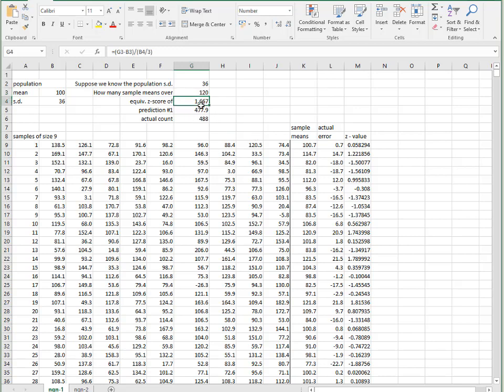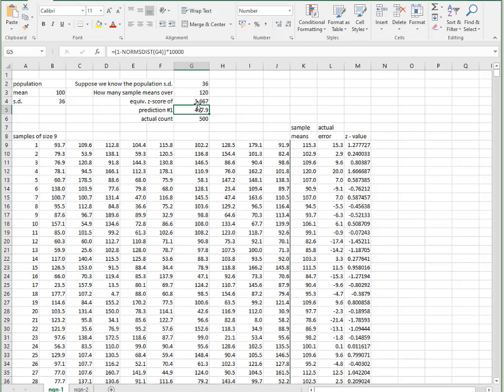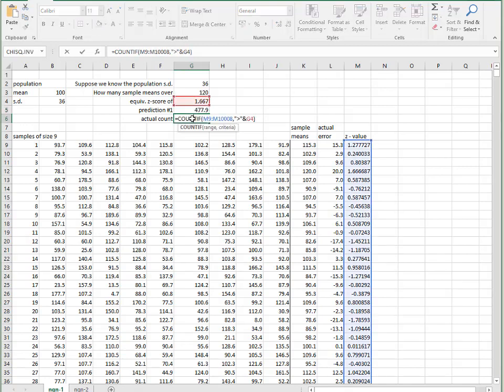Using the same method as before, the z-score is the distance between here and here divided by 12, which is 1.667. Then it counts how many are really above that in 10,000. The prediction is 477.9. The actual count is 500.